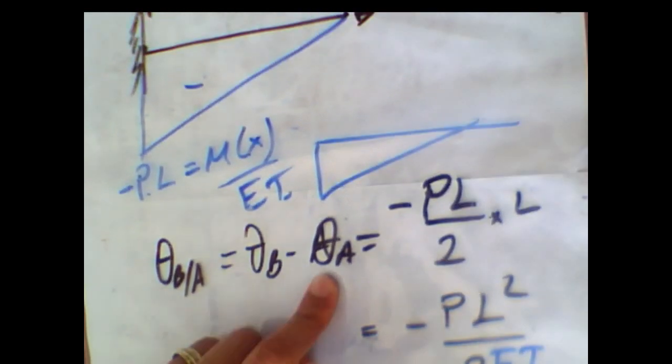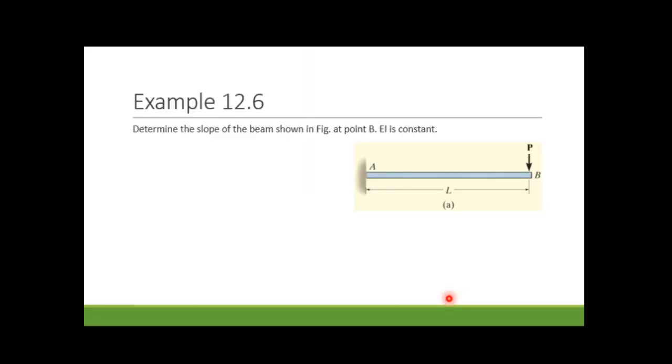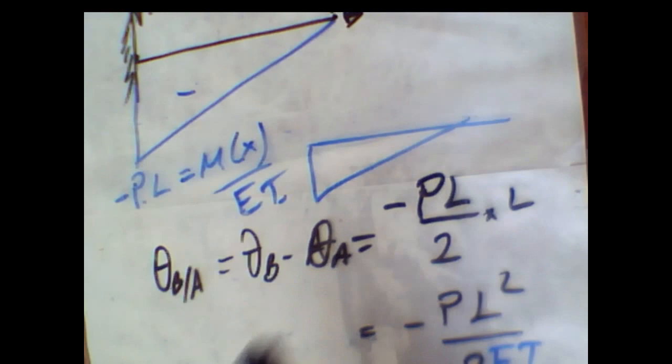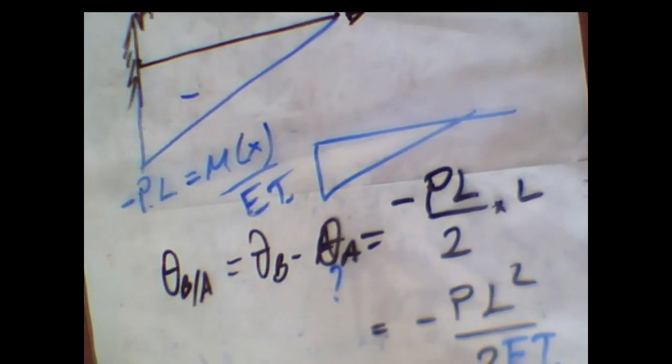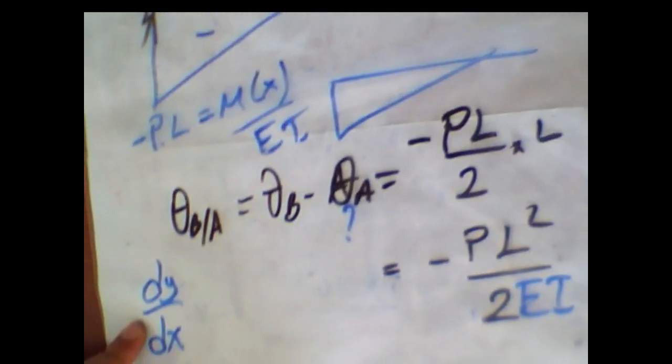The question asks what the slope at point B is. So first of all, we have to find the two terms in this formulation. We don't know theta A, slope A. What is the slope A? Slope means the first order derivative of y with respect to x.